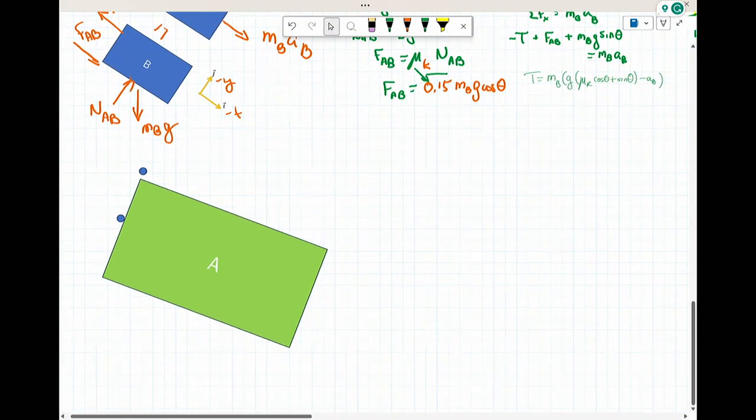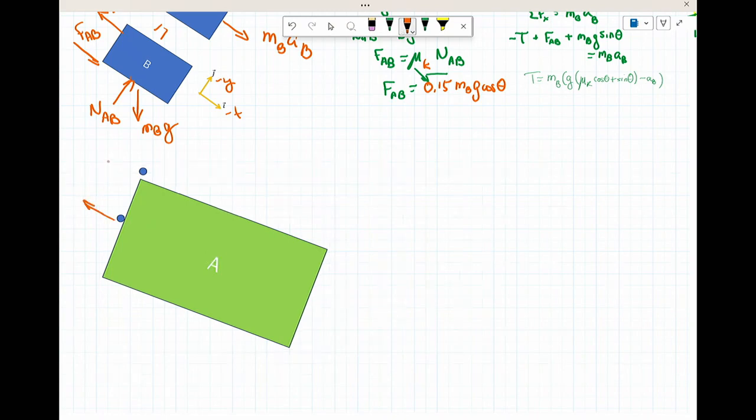So if we do the same thing, we have tension, tension, tension. Color those differently. Tension, tension, tension. BA.